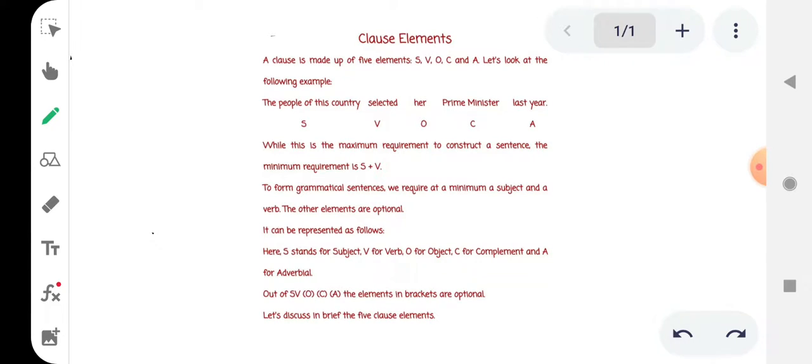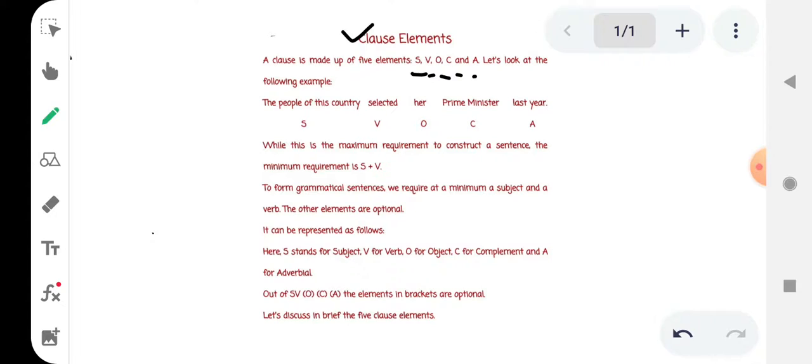There are 5 clause elements: S, V, O, C, A. Subject, verb, object, complement and adverbial. These are the 5 clause elements. They are also called sentence elements, but basically they are called clause elements.